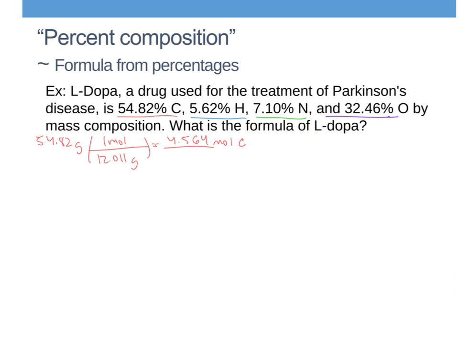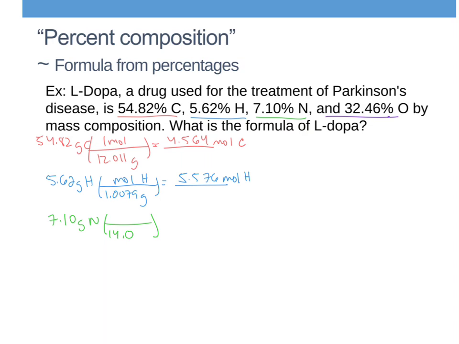Moving along to hydrogen. It looks like we have 5.62 grams of hydrogen. Sorry, I should have said carbon up here. Hydrogen weighs 1.079 grams per mole. That's going to end up being 5.576 moles of hydrogen. Then 7.10 grams of nitrogen.